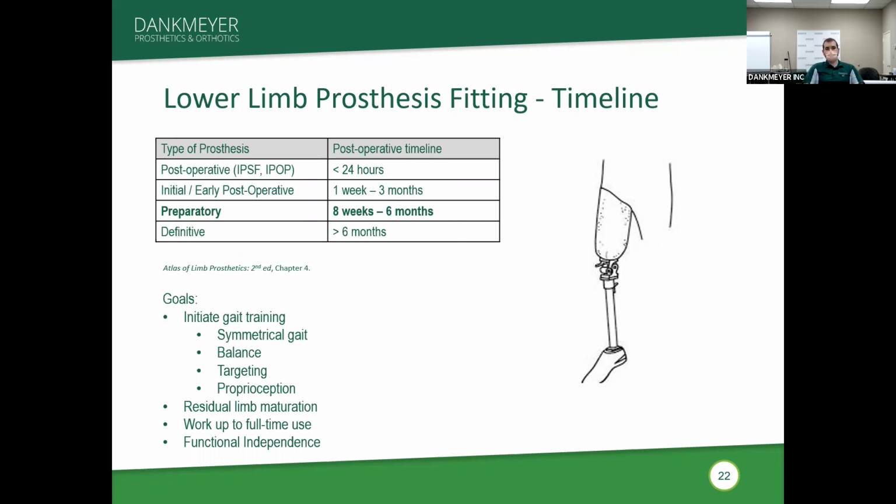Typically, we'll start with 30 minutes to an hour and work up from there. By the end of their time in the preparatory prosthesis, the hope is that they are able to work up to full-time use and functional independence, or at least use it for several hours at a time. The goal is certainly full-time use.